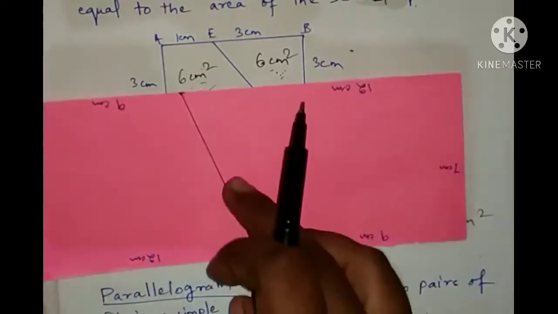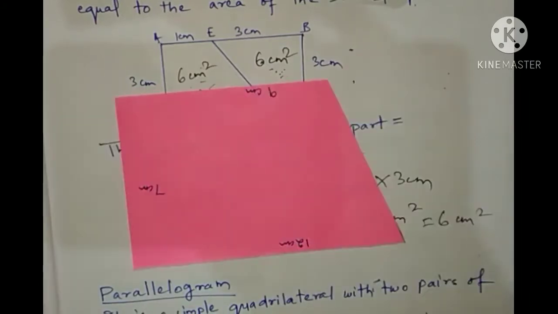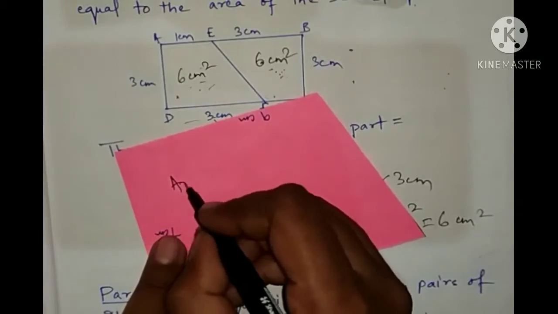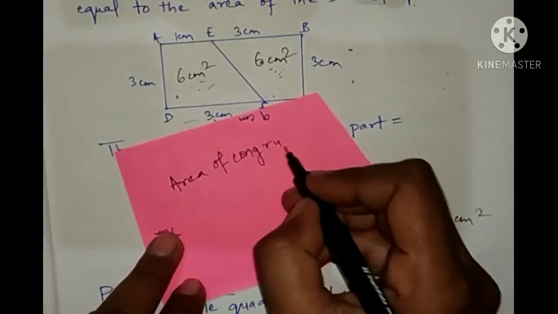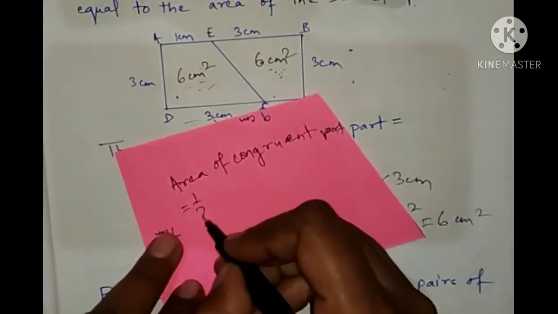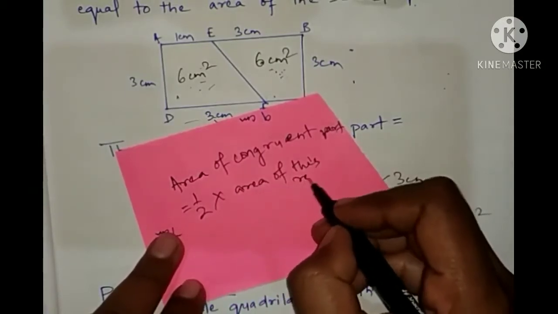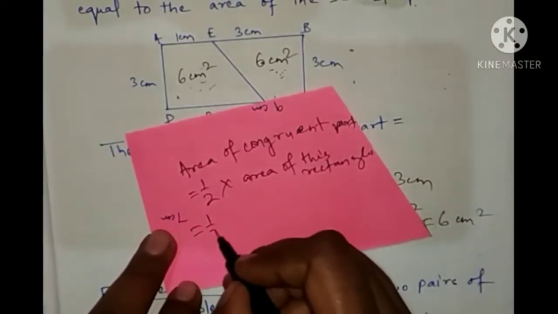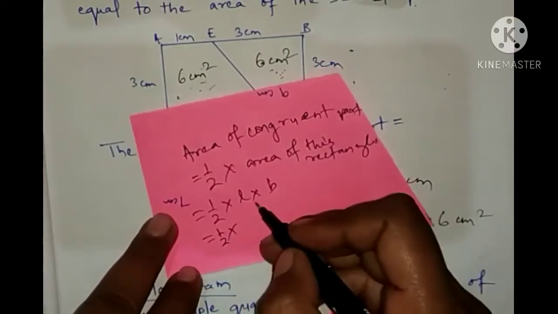If I cut in this area, what will I get? If I find the area, the area of this congruent part equals how much? Half into area of this rectangle. So area of this rectangle equals half into length into breadth, equals half into length, which is how much?